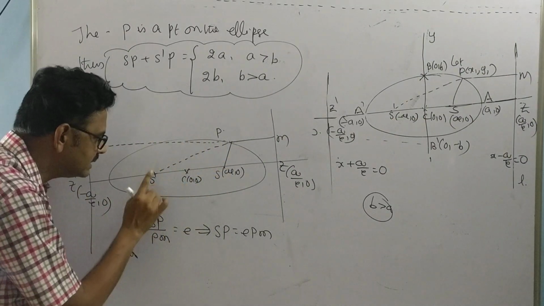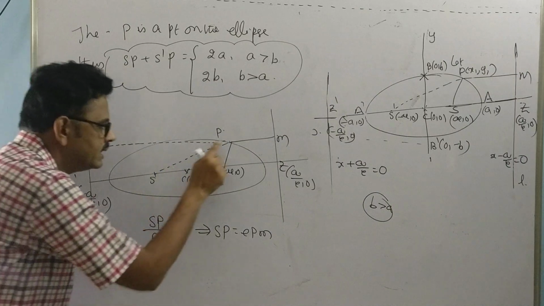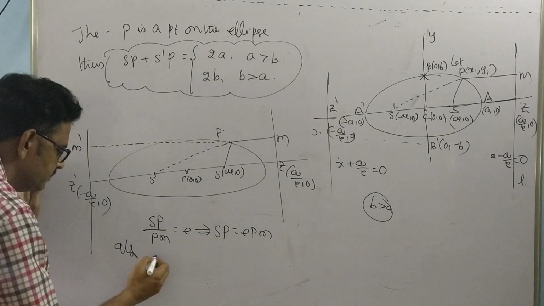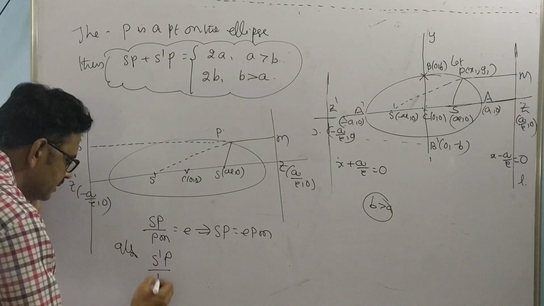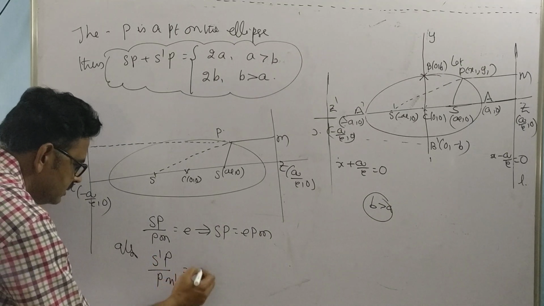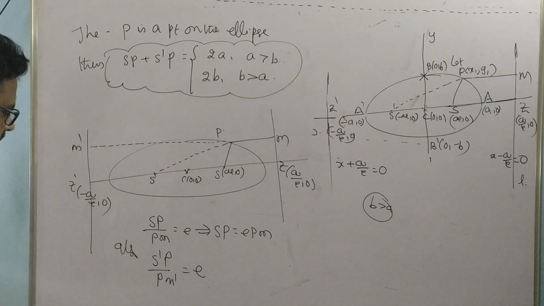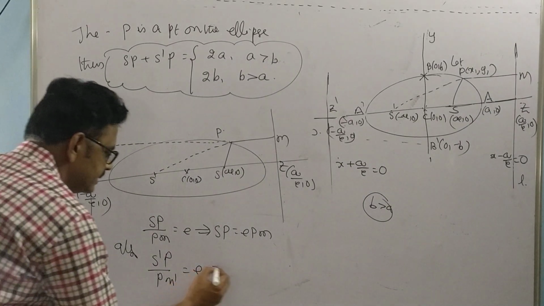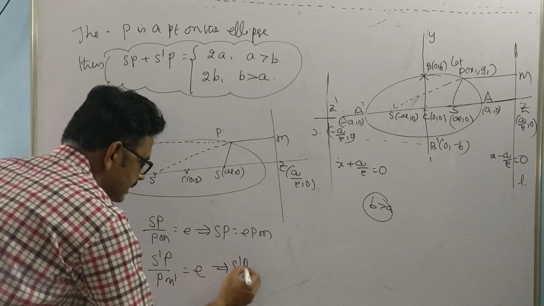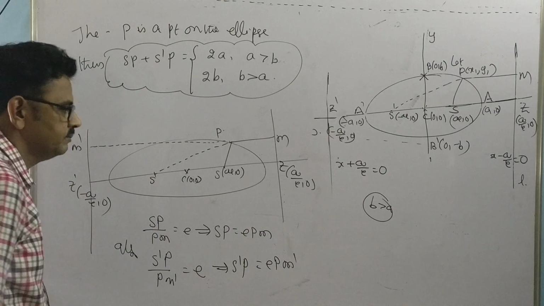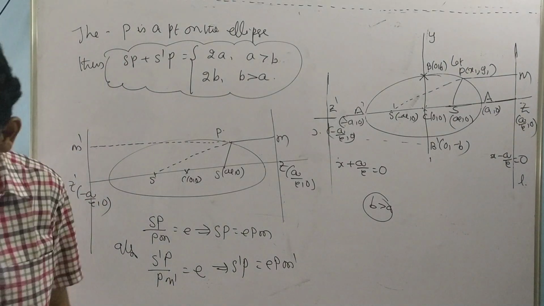Why don't you take the focus as S dash? Yes, S dash P by its corresponding directrix PM dash. Also, S dash P by PM dash is equal to E. That is also a definition of ellipse. This implies S dash P equal to E into PM dash.